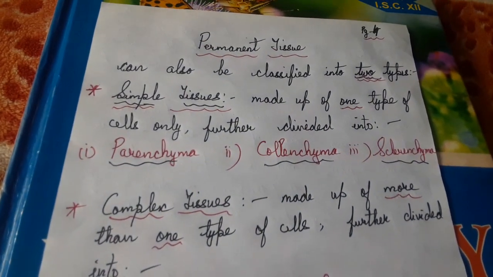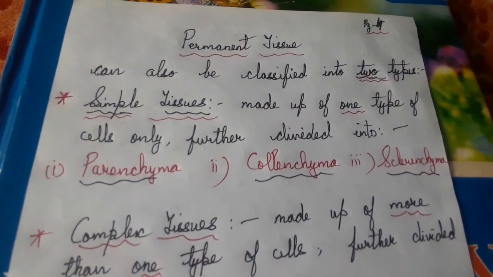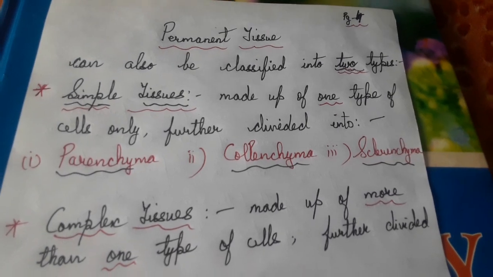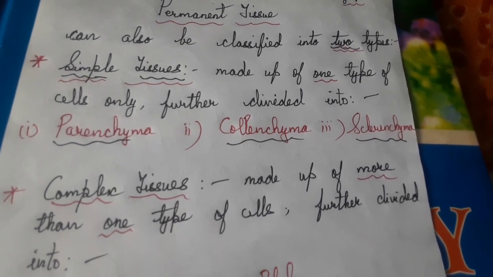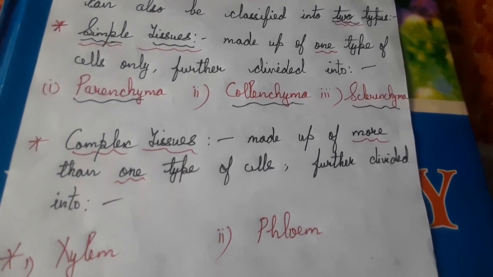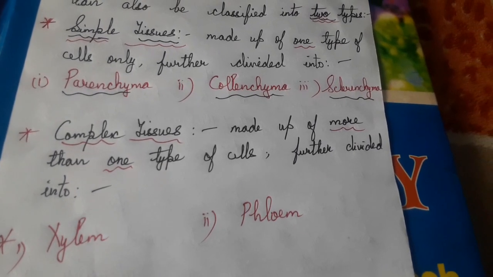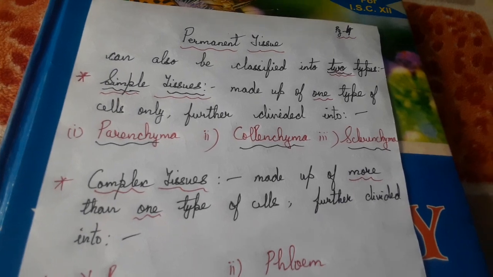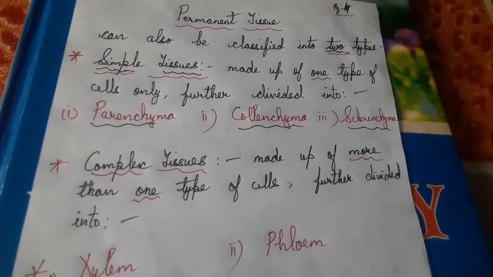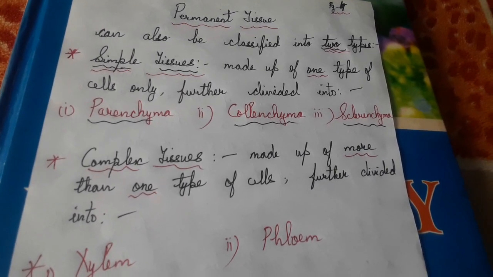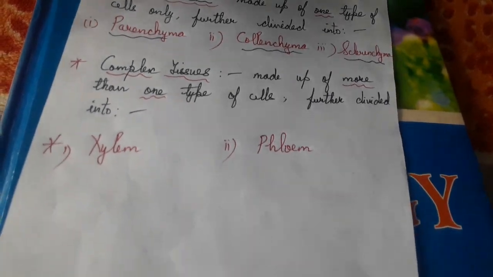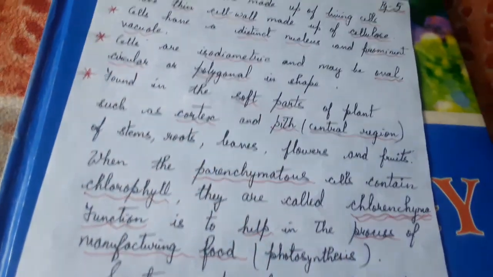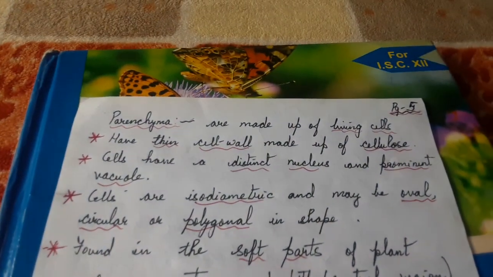Permanent tissues can also be grouped on the basis of the type of cells present in them, that is simple permanent tissue and complex permanent tissue. Simple permanent tissue is made up of only one type of cells. Then we have the parenchyma cells, the first type of simple tissues.